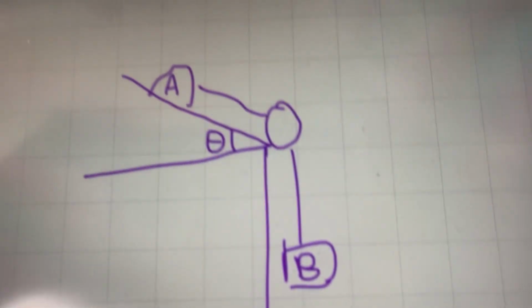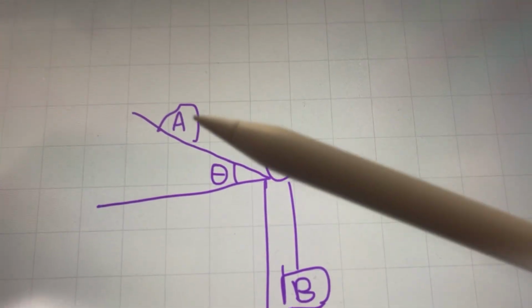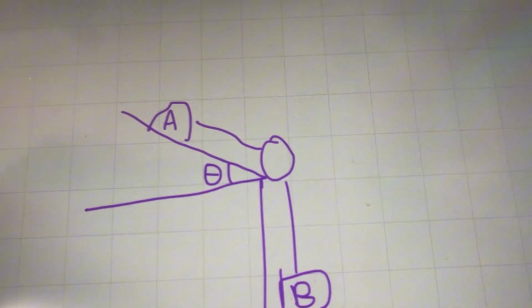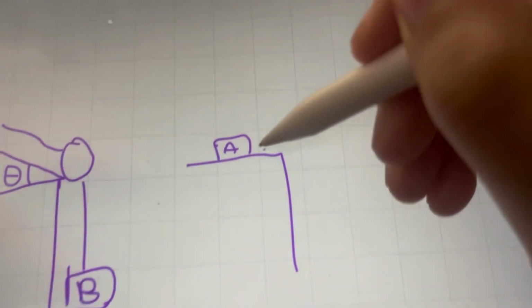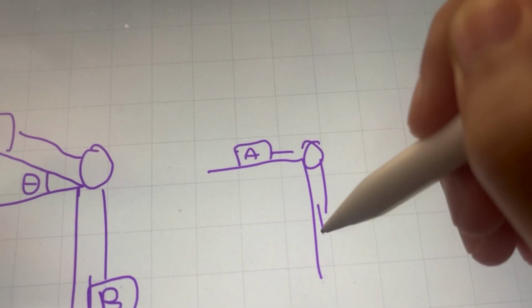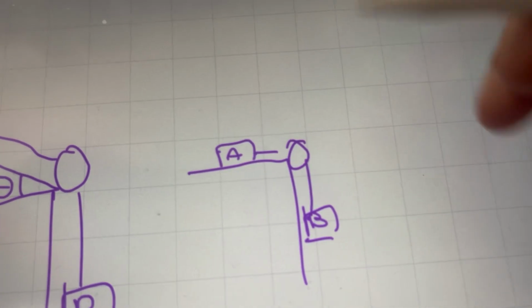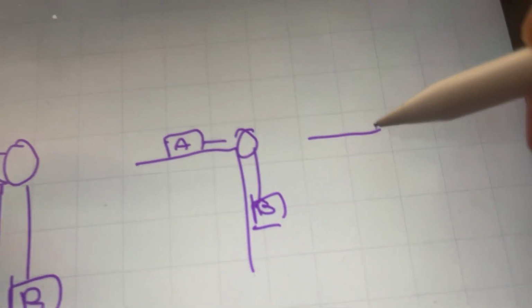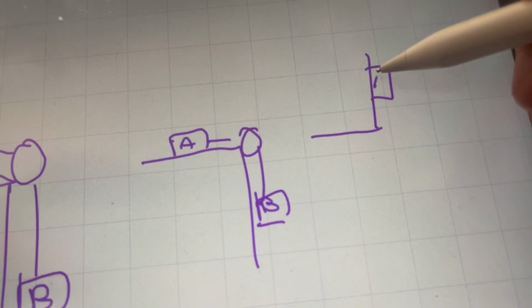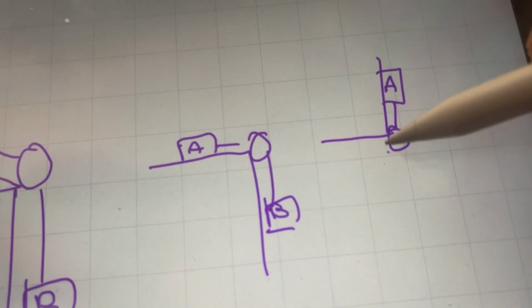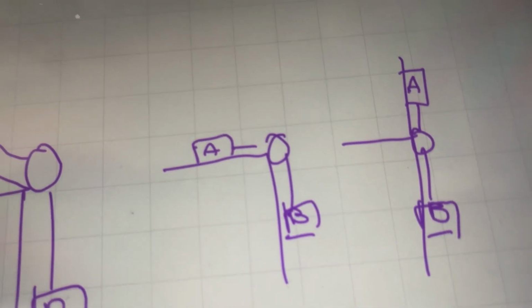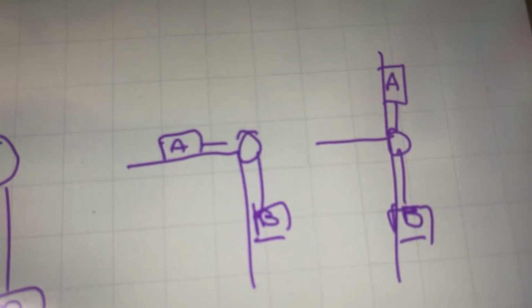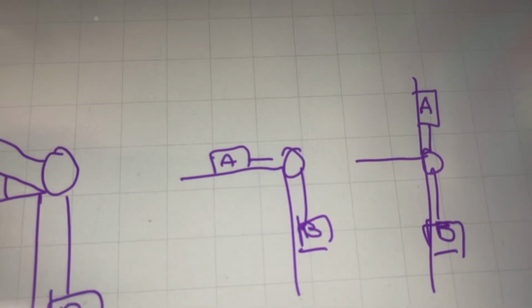So what it's saying is when theta is 0, it would literally just look like this. And when theta is equal to 90, it would literally just be whatever this is, and this. So what's the starting point and the end point of this graph that they give you?